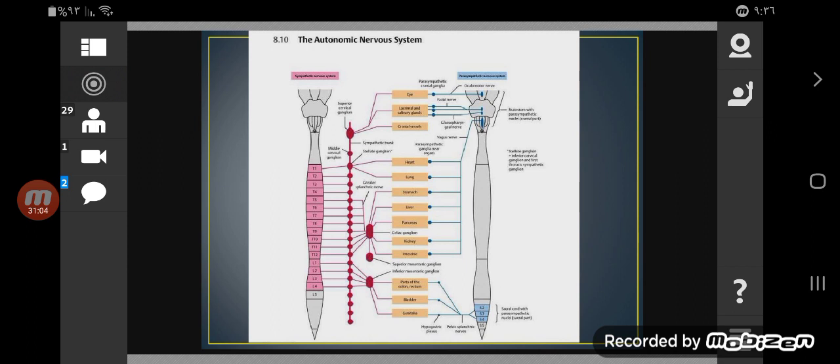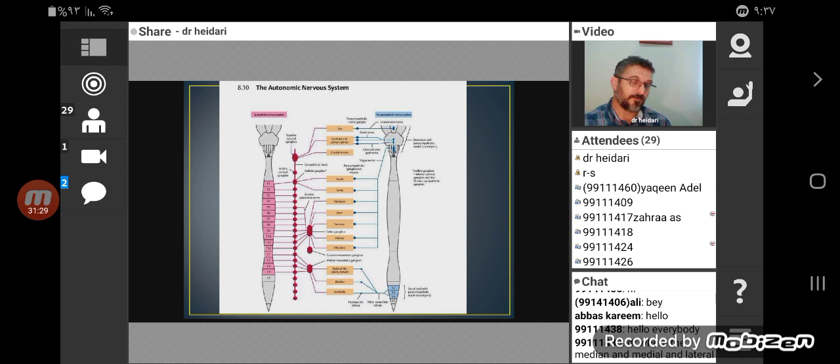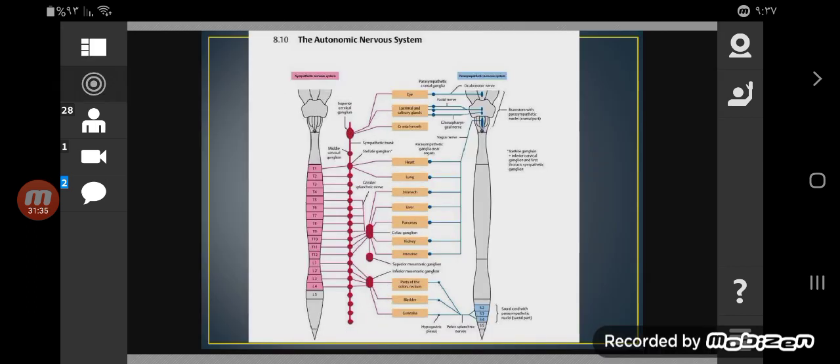This is the lateral horn of gray substance, with the posterior or dorsal horn and the ventral horn.